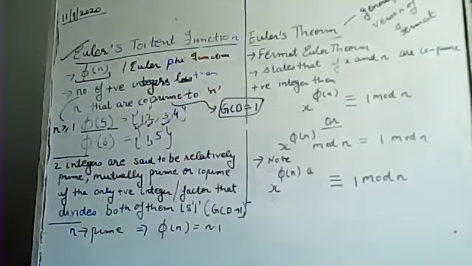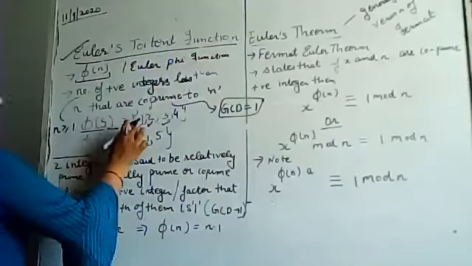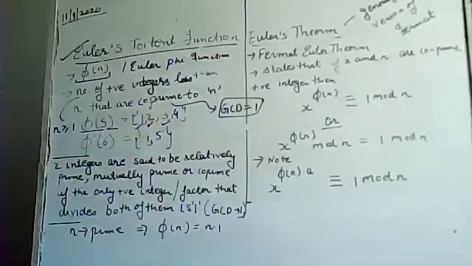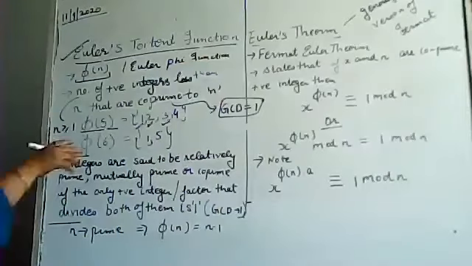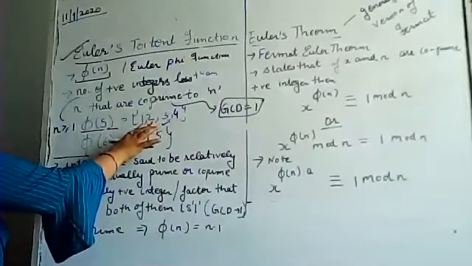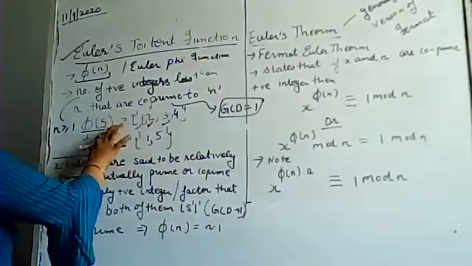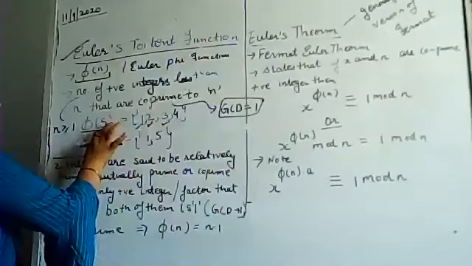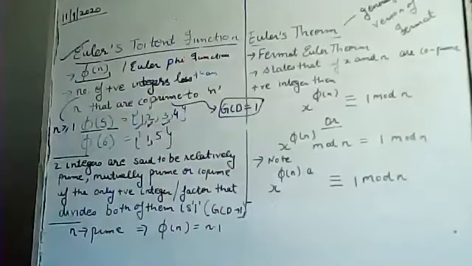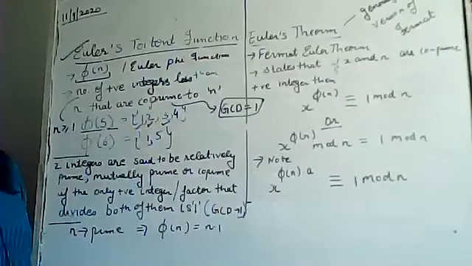If we check the GCD of 5 and 1, it will be 1 only, so that's why I have included this number. When we calculate the GCD of 5 and 2, that will also be 1. That's why I have included 2 over here.